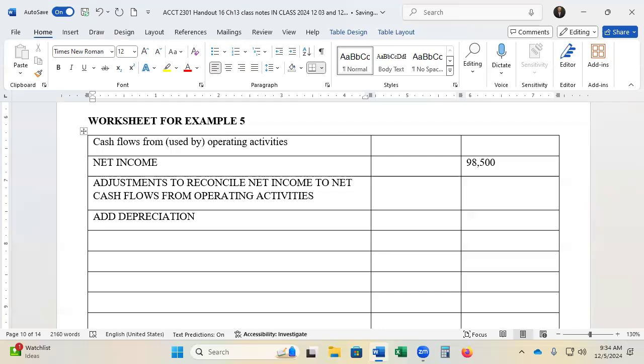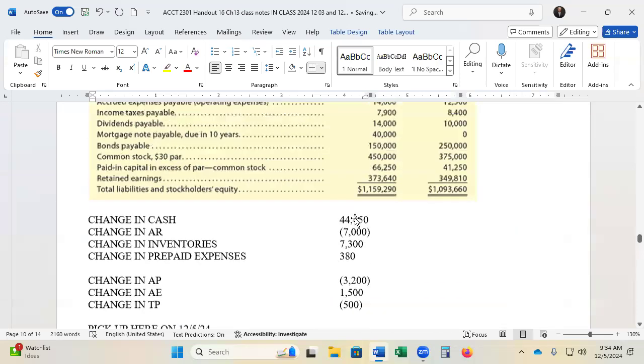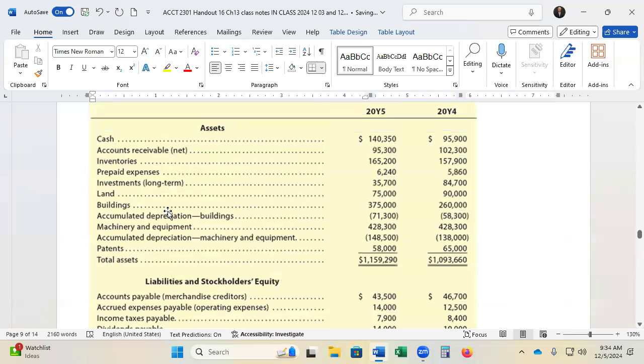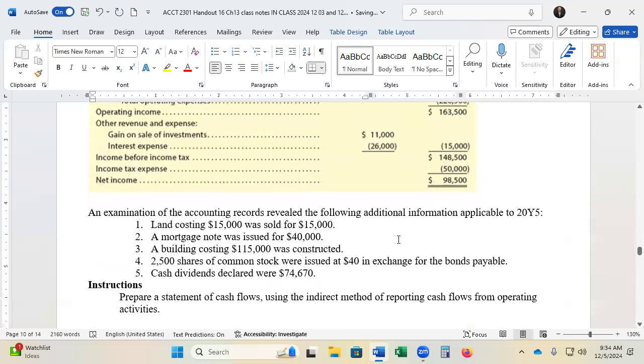How do we do that? We start by looking at the accumulated depreciation account and looking for changes in accumulated depreciation, unless it's stated. So keep an eye on this stuff.